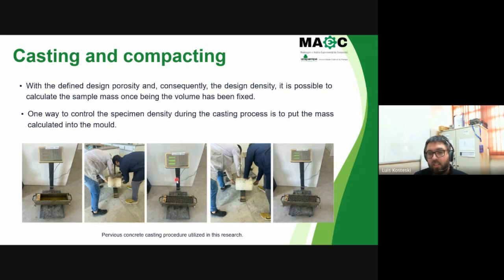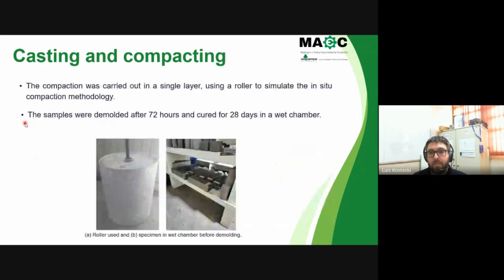If we have exactly the weight that we expect, this specimen is okay. If not, we complete and check again the process. We always control the density of the specimens to have exactly the same mass in every specimen.